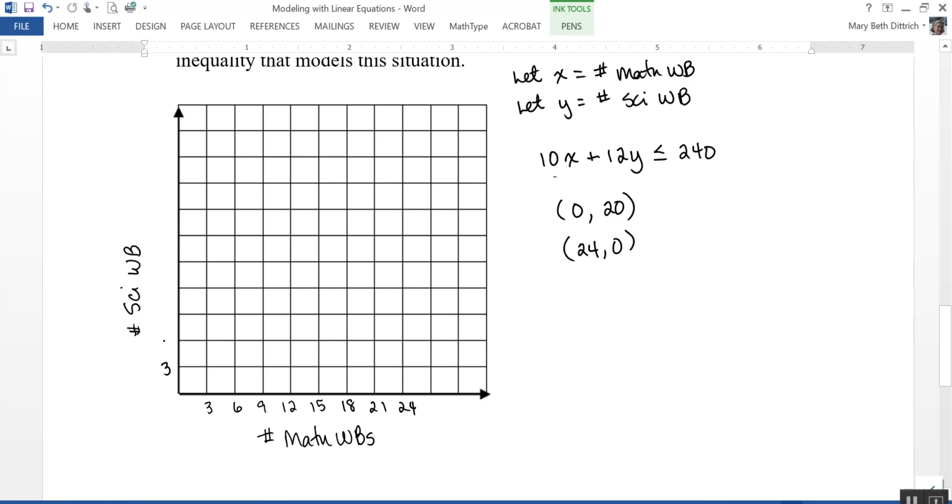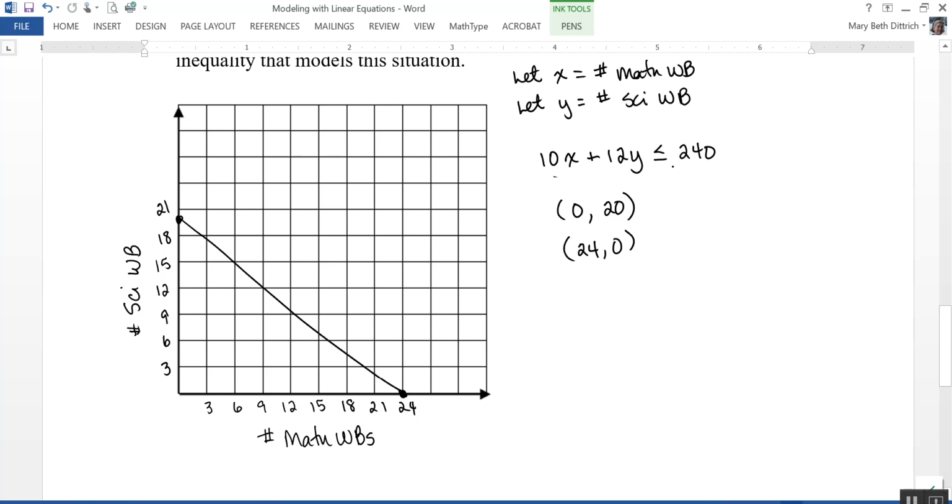And let's do a couple here. Okay, so my y-intercept is 0, 20, which is approximately right here. My x-intercept is going to be 24, 0, which is right here. And I'll connect those with a line.